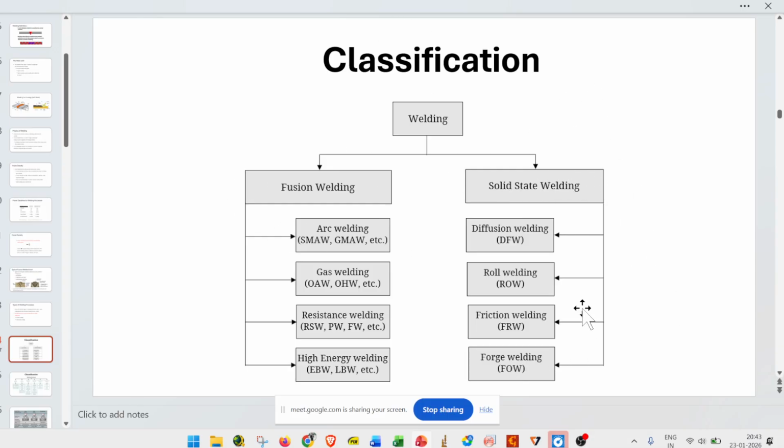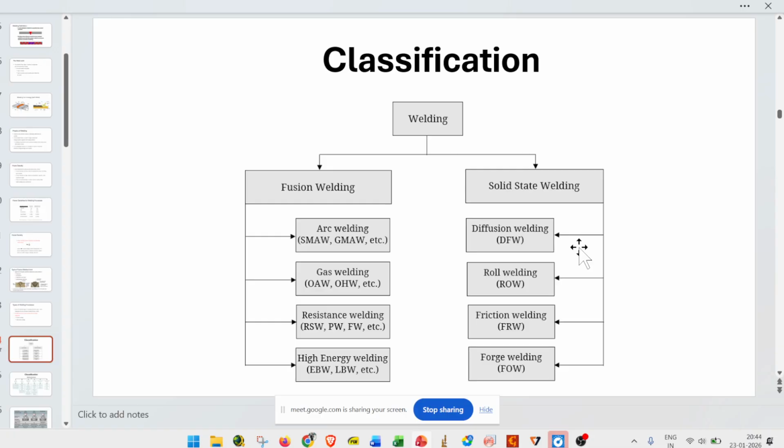Similarly, we have solid state welding. Solid state welding means we use pressure to join the two materials. In the case of solid state welding, there are sub-classifications, like diffusion welding.